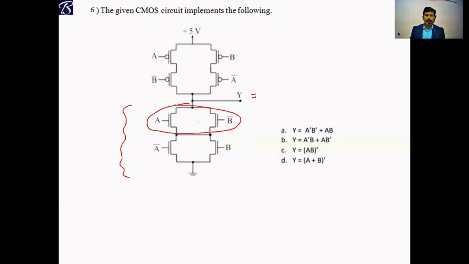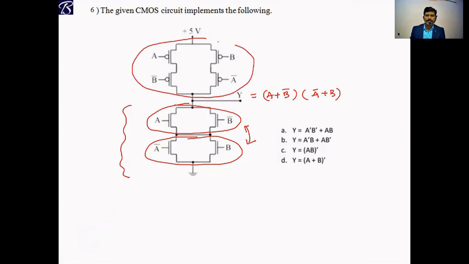These two are in parallel, you can write A plus B bar, and these two are in parallel, we can write A bar plus B. These two are in series, that's why this is the AND operation I have written. So the NMOS region is (A plus B bar) into (A bar plus B). Now if you consider this PMOS region, then you just take a bar here, that's all.